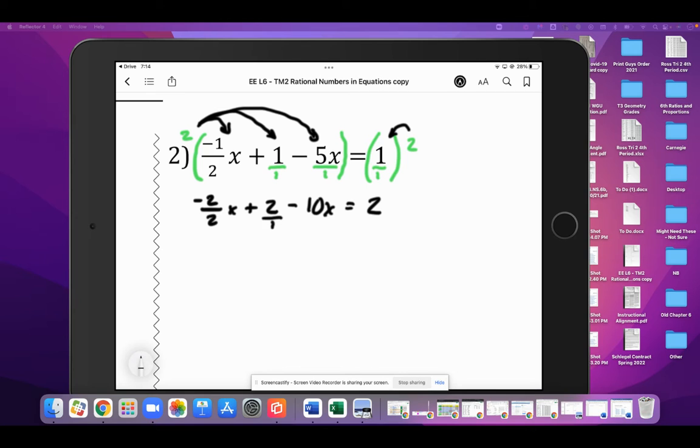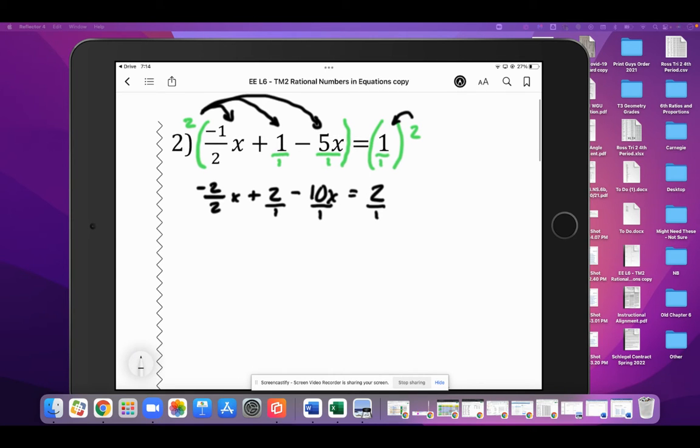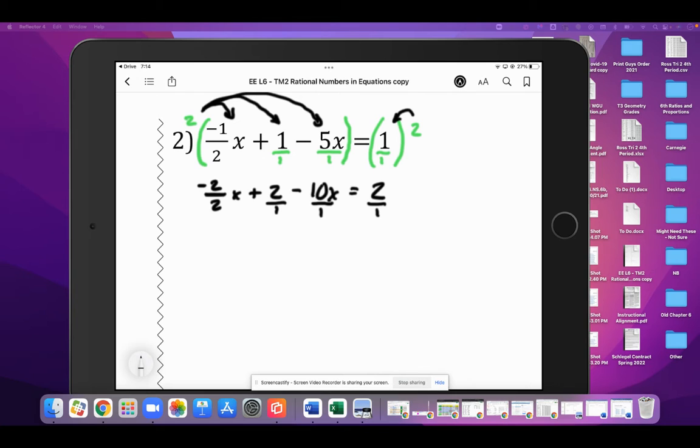I should be putting those over 1. So our next step, we simplify these fractions. And so -2 divided by 2 is -1x. 2 over 1 is the same as 2. -10x over 1 is the same as -10x. And 2 over 1 is the same as 2.